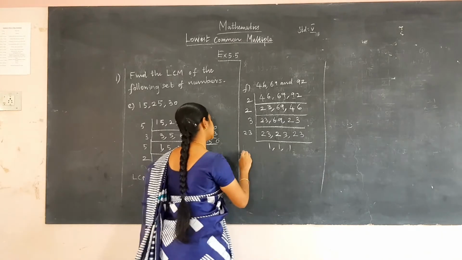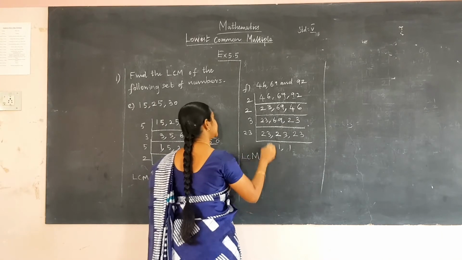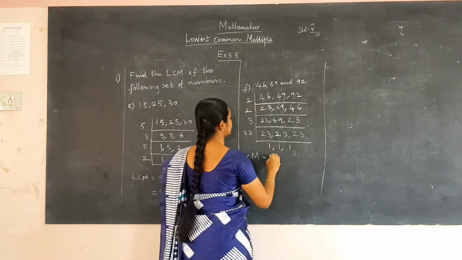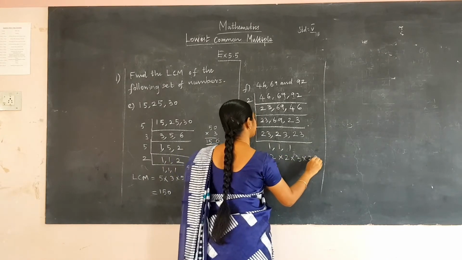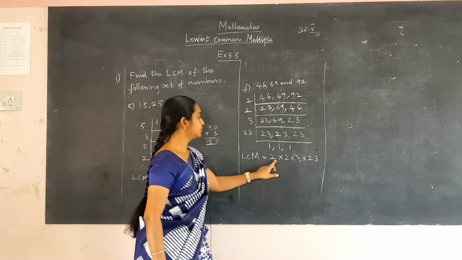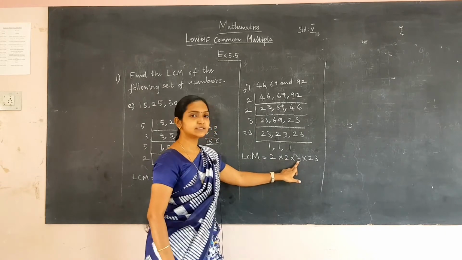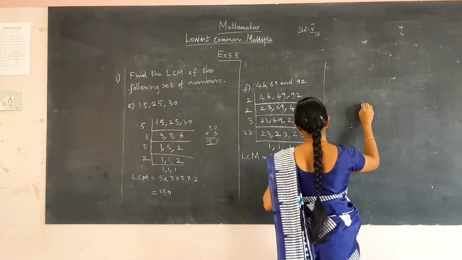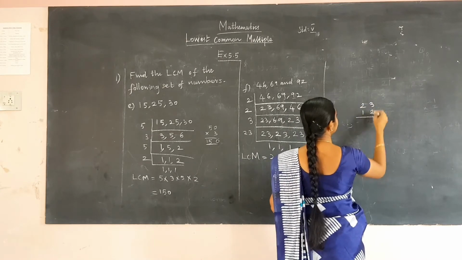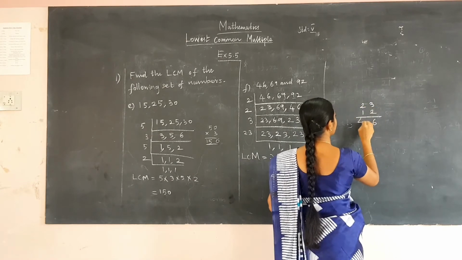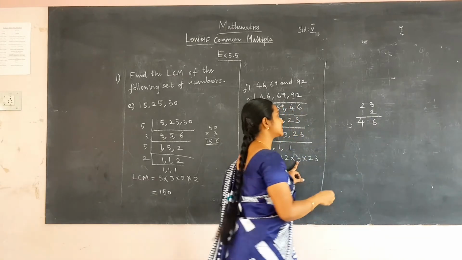Now let us stop with this and multiply all these numbers: 2 into 2 into 3 into 23. 2 into 2 is 4. 4 into 3 is 12. We have to multiply 23 and 12. 3 2s are 6. 2 2s are 4. We have completed the first line.